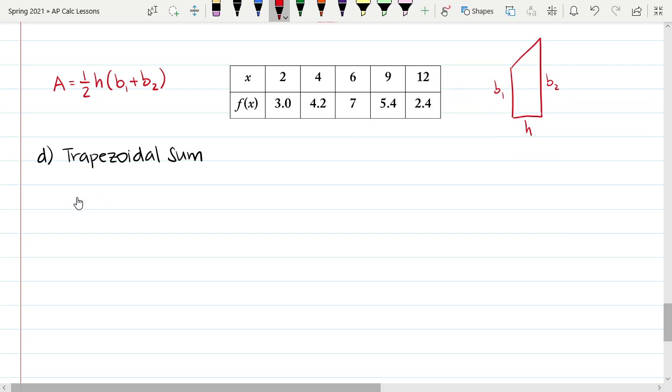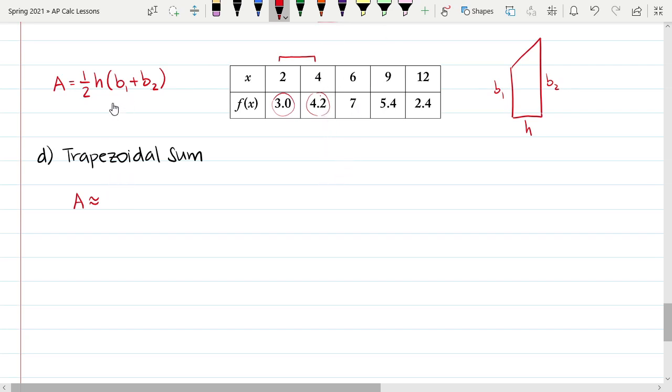Okay, so for our first trapezoid, again, we're once again going to go from 2 to 4. So the height is actually going to be 2. Base 1 is the function value on the left endpoint, and then base 2 is the function value at the right endpoint.